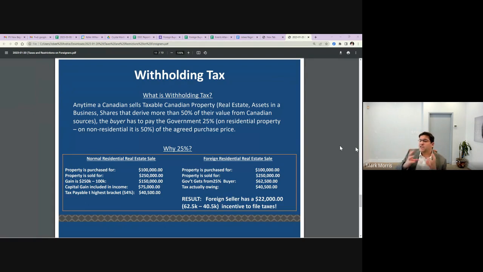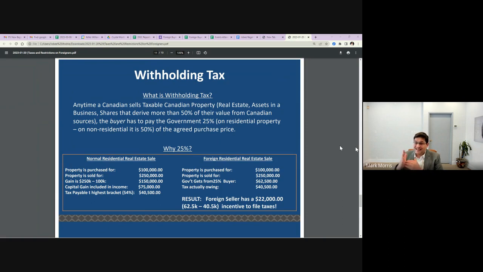So I know it's confusing, guys. Two of the things that we've discussed, the PPRP and the NRST, are at the purchase side. And the withholding tax that we've just discussed is on the selling side. But those three taxes constitute the taxes on foreign ownership in Canada generally. The PPRP is an absolute restriction.